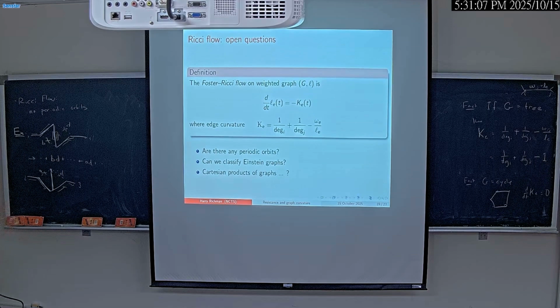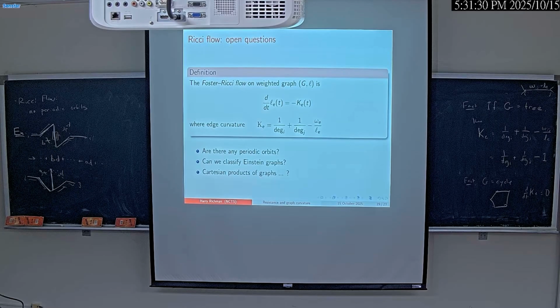Right, and then maybe to go back to some questions about Ricci flow on graphs, some open questions that I would hope to work on more are: can we prove the non-existence of periodic orbits for finite graphs? Can we talk about Einstein graphs? These are graphs where if we run Ricci flow, we get the same graph up to scaling, which is how they're defined for manifolds.